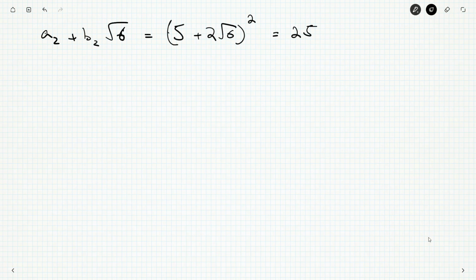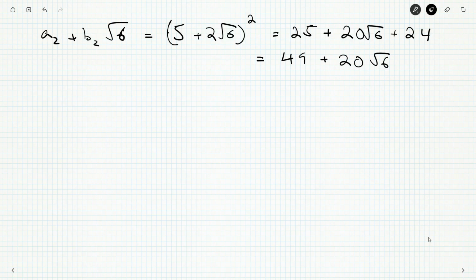B and C may be a little harder. a2 plus b2 root 6 should be 5 plus 2 root 6 squared, which should be 25 plus 2 times 5 times 2 is 20, so 20 root 6, plus 2 squared is 4 times 6, 24.